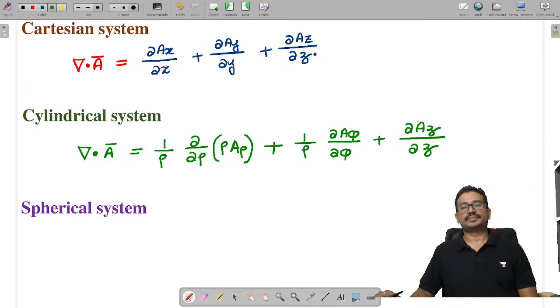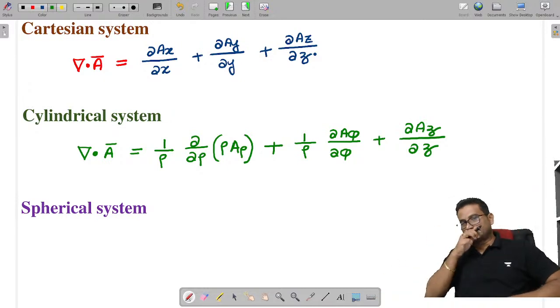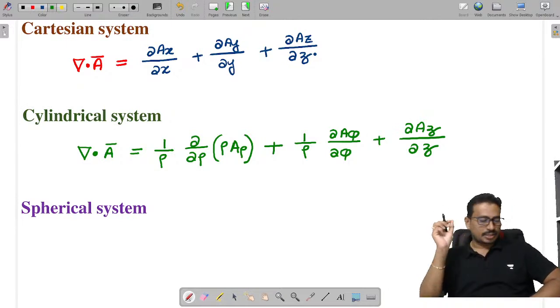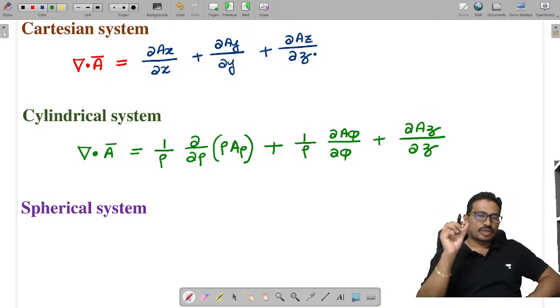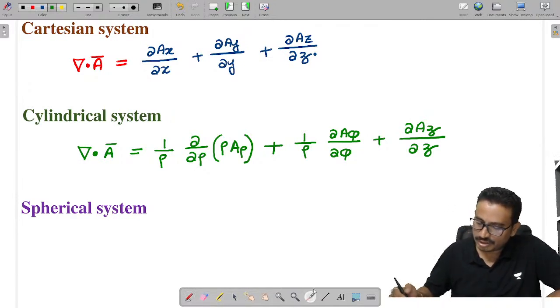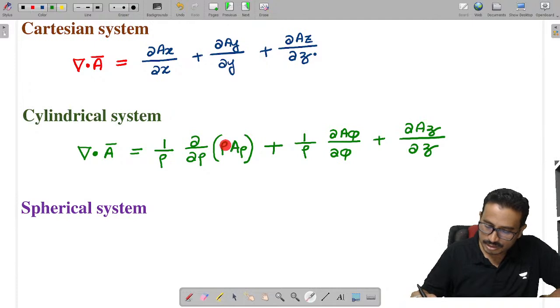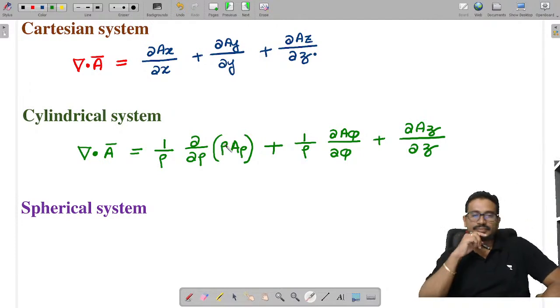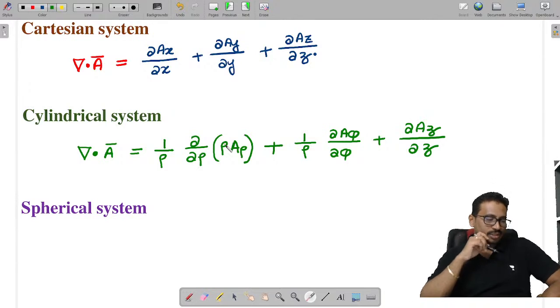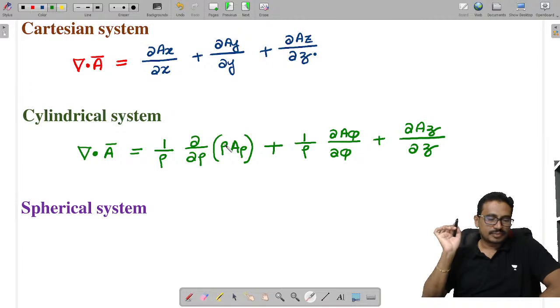This is the divergence in the cylindrical system. Try to remember the first term. Can I cancel this rho and this rho? No, these two we should not cancel.